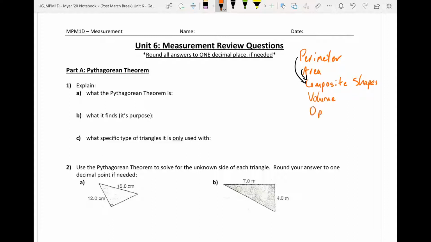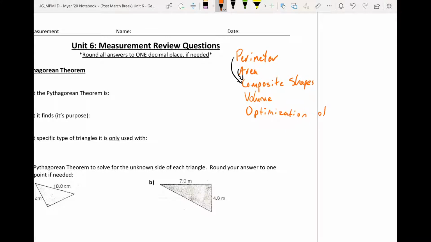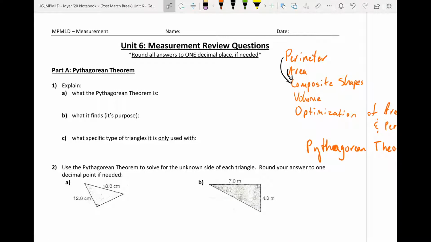We did optimization of area and perimeter. And the last thing I think I left off this list was Pythagorean theorem. So there should be basically 5 things that we did do.